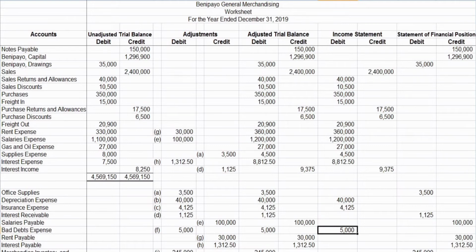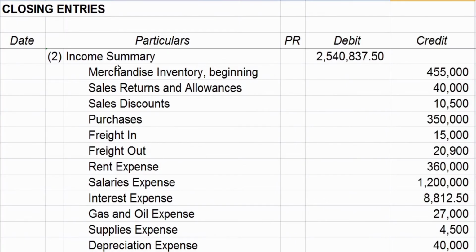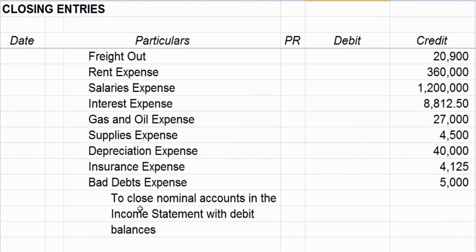But what must be the debited account of this second closing entry? Income summary for the total of all the credited accounts. In this case, 2,540,837.50. For the explanation, to close nominal accounts in the income statement with debit balances.